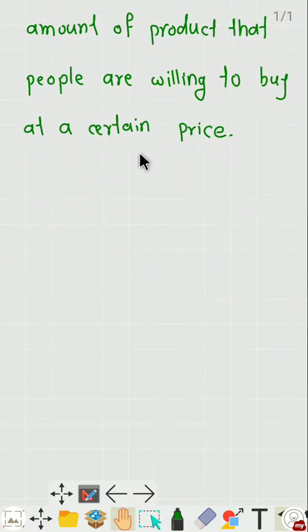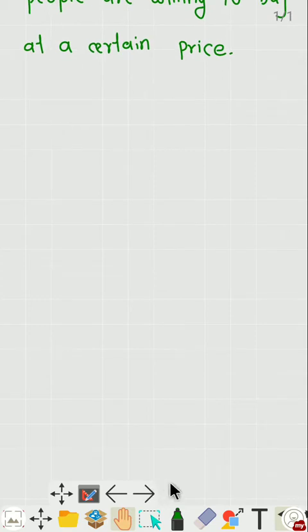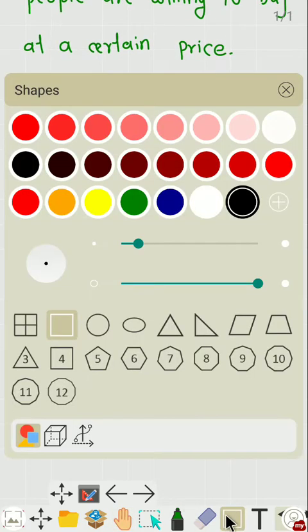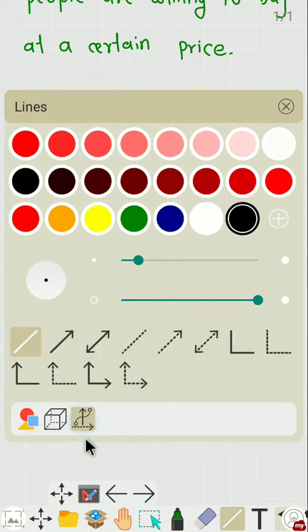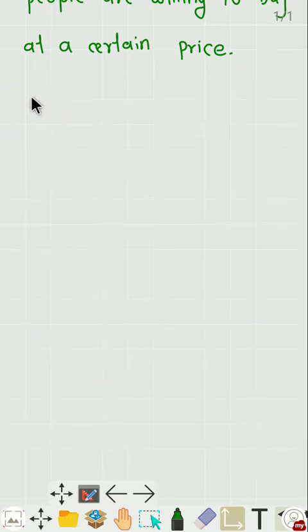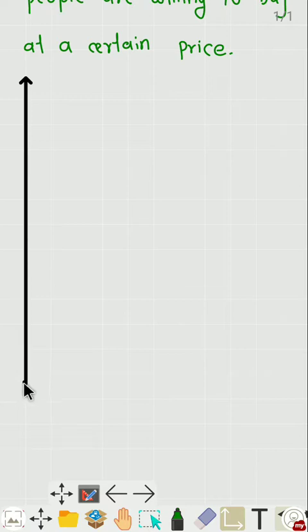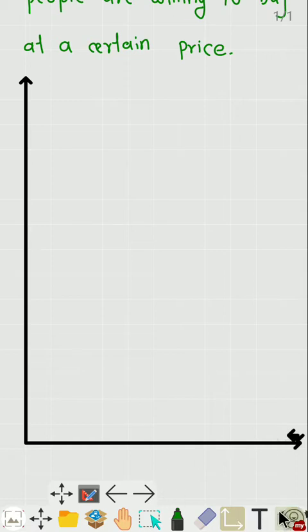represent by using a graph. So let us try to draw the graph of demand versus price. So consider a graph now. This is the price axis and this is the demand axis.